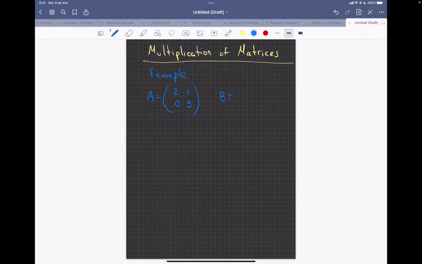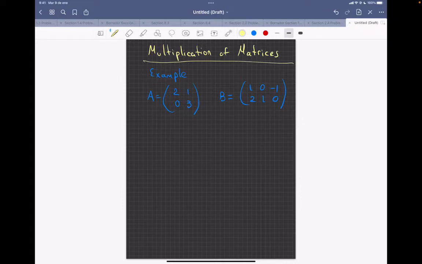And a matrix B: 1, 0, -1, 2, 1, and 0. And again, I won't give a formal definition for the multiplication of two matrices, but I will explain in detail.